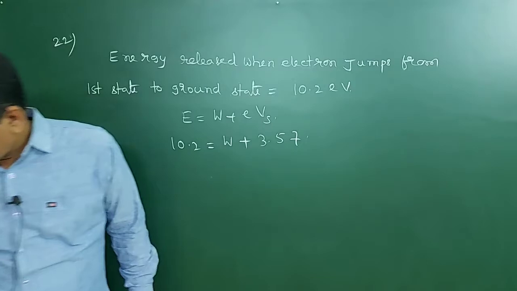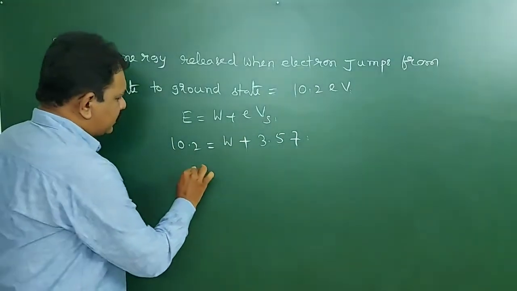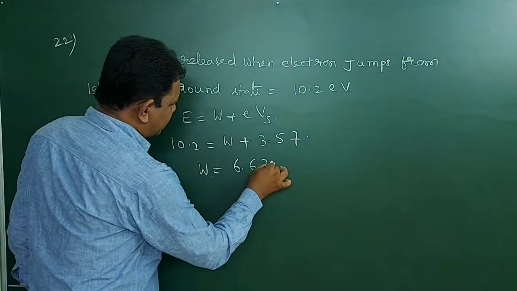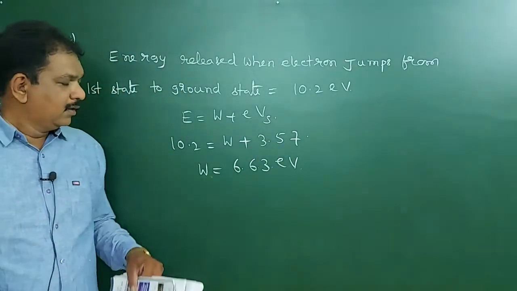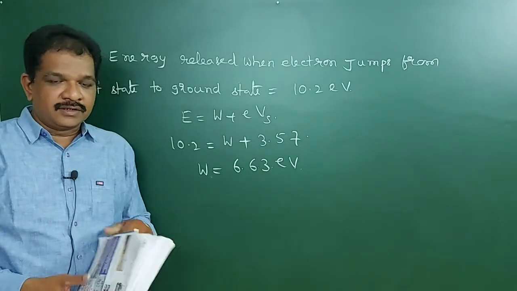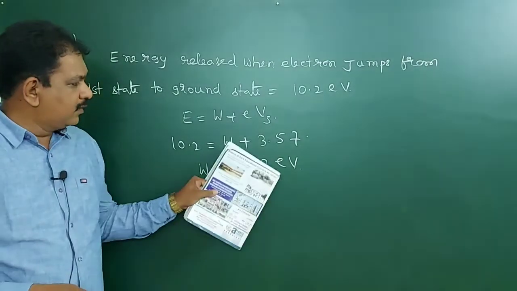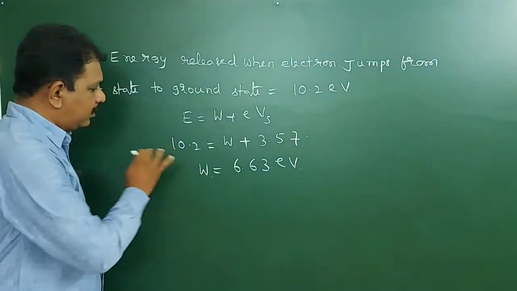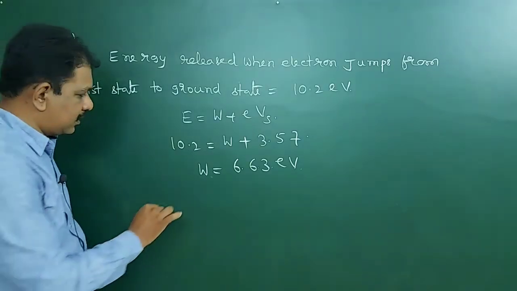Then if we calculate, W is equal to 6.63 electron volt. That is the work function. They are asking the frequency. So, this work function is in electron volt. Convert that into joules. Write W is equal to h nu naught. You will get the answer.